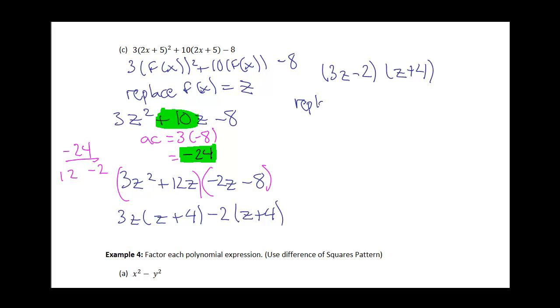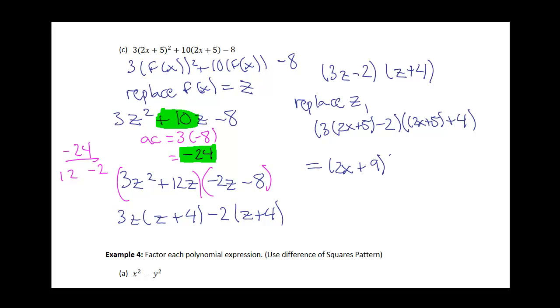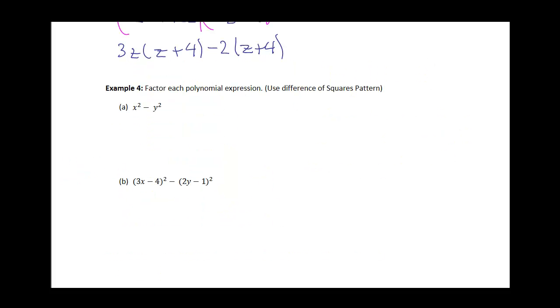Lastly, we need to replace our z here, and we're going to get 3 onto 2x plus 5 minus 2 and 2x plus 5 plus 4, which will give us a simplest solution of 2x plus 9 onto 6x plus 13.